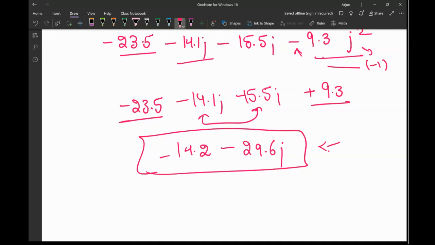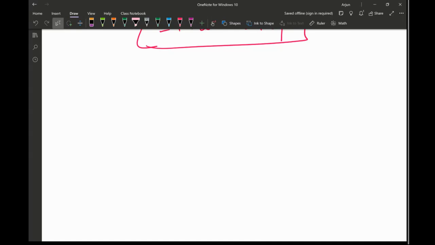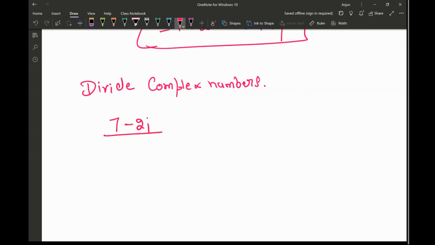All right, let's look into the next question on division of complex numbers. How to divide complex numbers. All right, so the first question which I'm going to use is 7 minus 2j divided by 3 plus 4j.